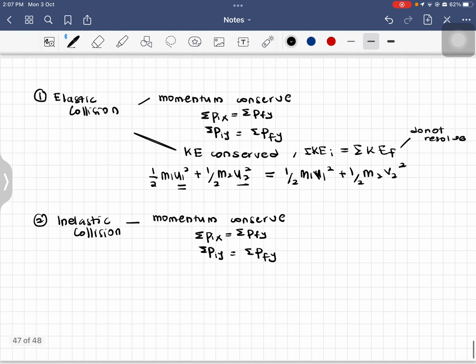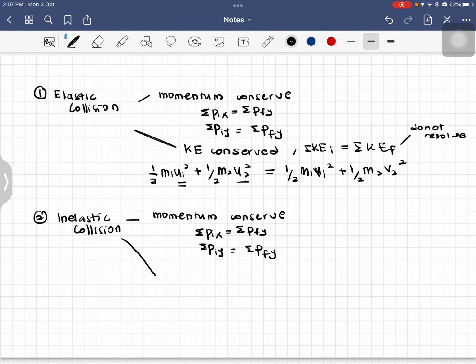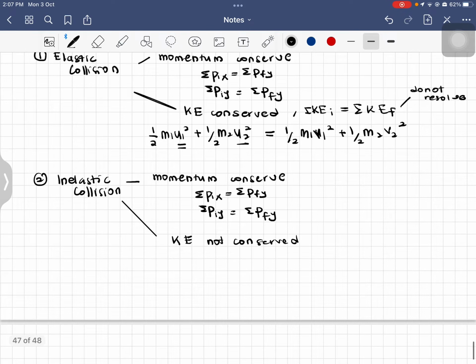Okay. Alright. For inelastic, the difference from elastic is that kinetic energy is not conserved. Your summation of kinetic energy initial is not equal to the summation of kinetic energy final.